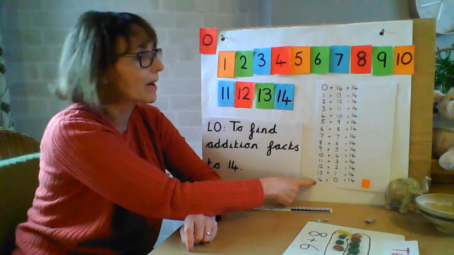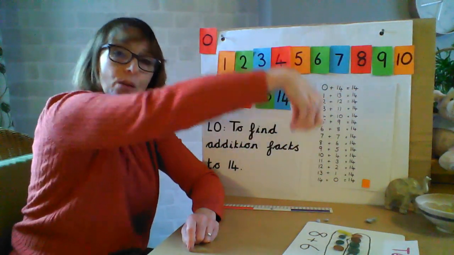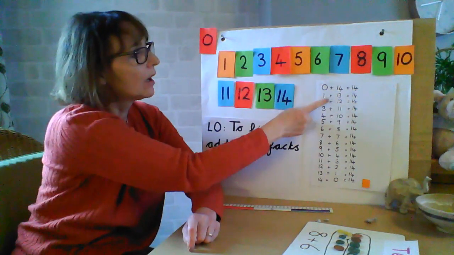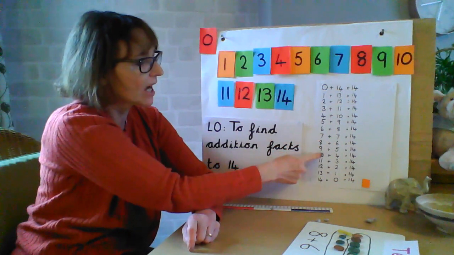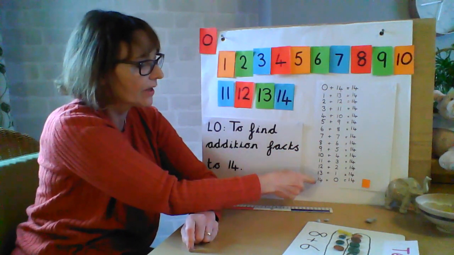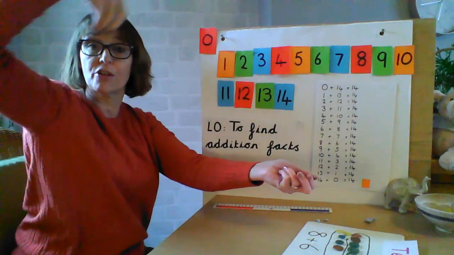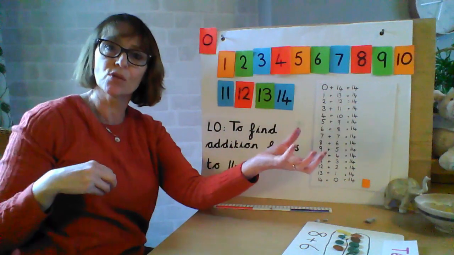Okay, so let's say that pattern together. So each one down the side is getting one more each time as I'm taking one object and putting it into the first group. So 1, 2, 3, 4, 5, 6, 7, 8, 9, 10, 11, 12, 13, 14. And of course when I'm taking one out of one group and putting it into the first group, this group is getting smaller, isn't it?